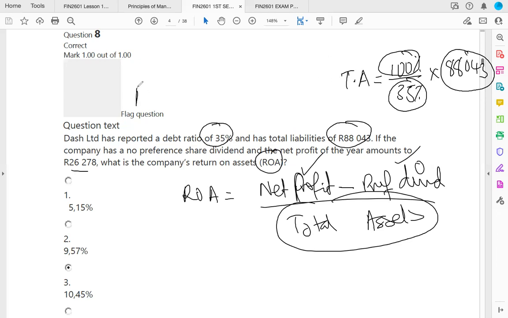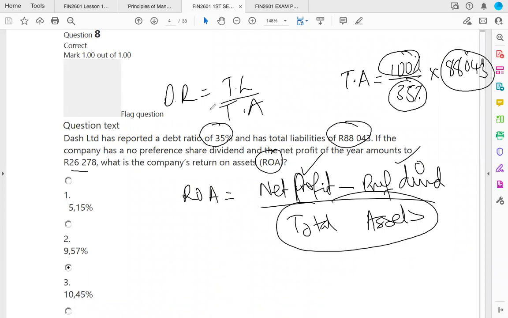Another approach is to calculate your total assets by saying your total assets are equal to your total equity plus your total liabilities. Actually, we can calculate total assets just using our debt ratio, right? Remember, our debt ratio is equal to total liabilities over total assets.